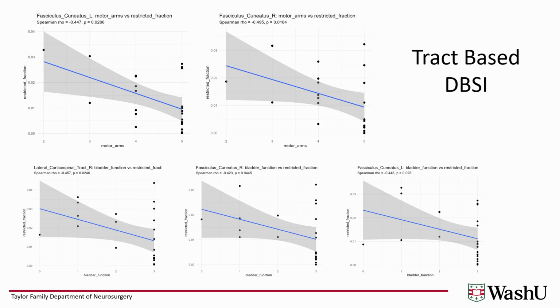This is a moderate intensity signal that is significant. The bottom three charts show the relationship of fasciculus cuneatus signal, restricted fraction signal, for bladder function. This is something that we're not able to explain at this point, and we're looking into it.